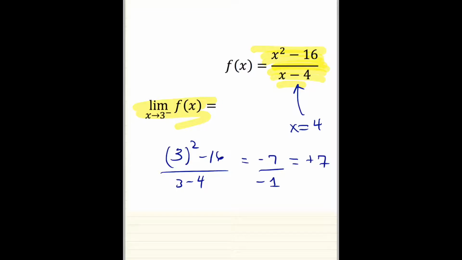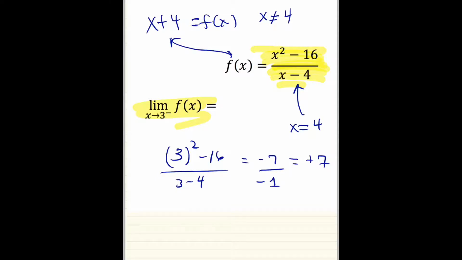And you're done. Just a friendly reminder from a few videos ago that x squared minus 16 divided by x minus 4 can reduce by factoring out the numerator and then crossing it off with the denominator to this x plus 4 function. Remember, we talked about this. This and this are exactly the same, except you have to make sure you tell the reader that x cannot equal 4.